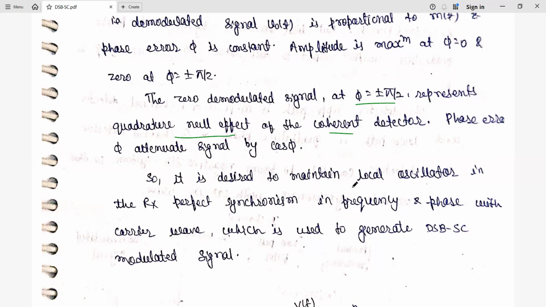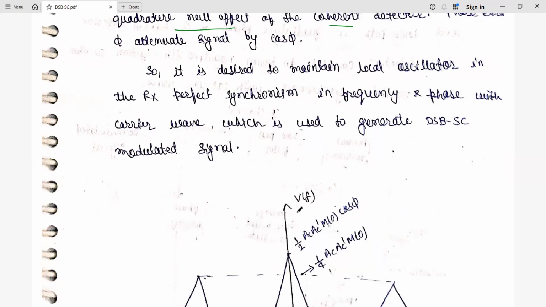So it is important that we maintain the local oscillator with proper synchronization in terms of frequency and phase with the carrier signal used to generate the DSB-SC.